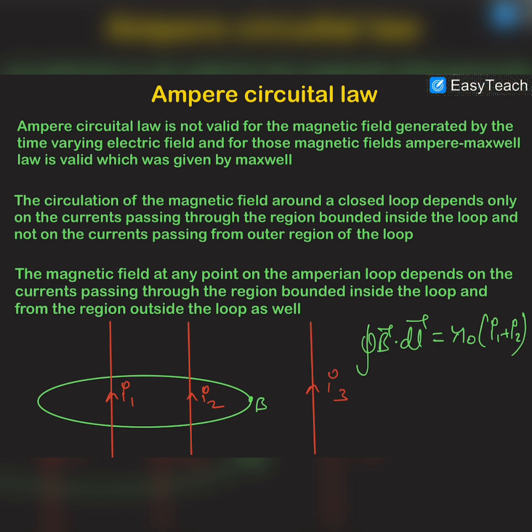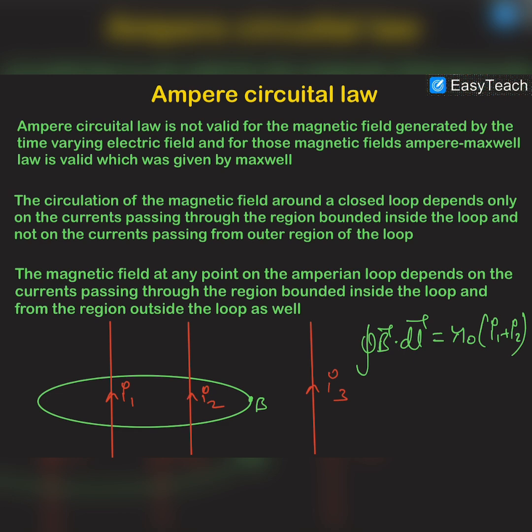But it is very interesting and important to note that if we are calculating the magnetic field at this point, then if you remove the loop and find out the magnetic field at this point B, obviously you will say that all the three wires will be creating magnetic field, not only these two wires.